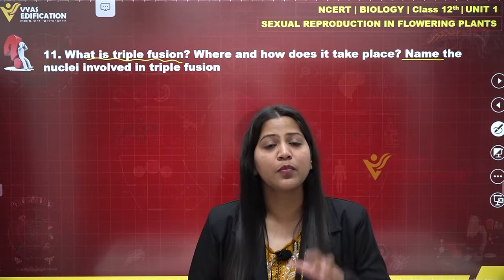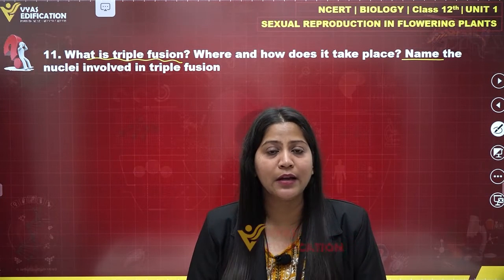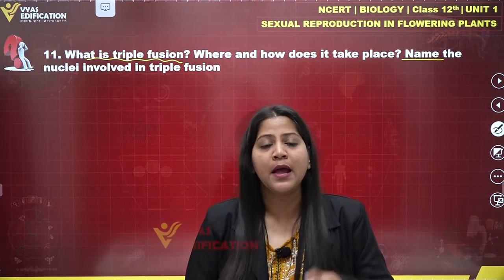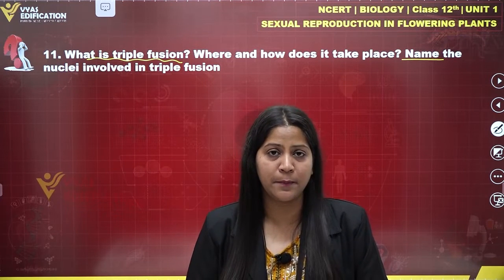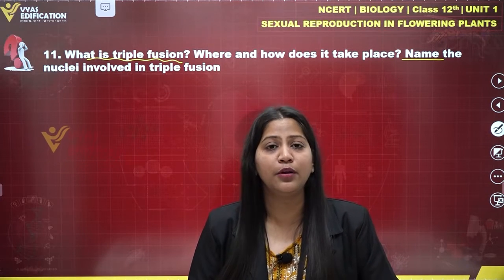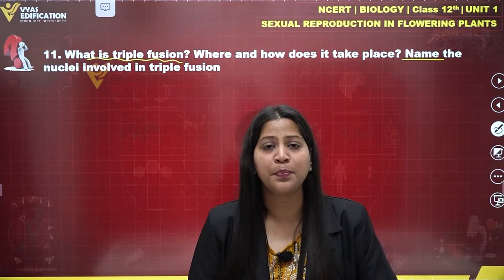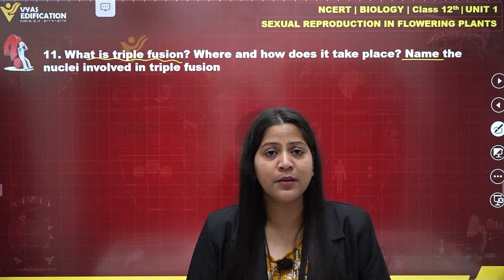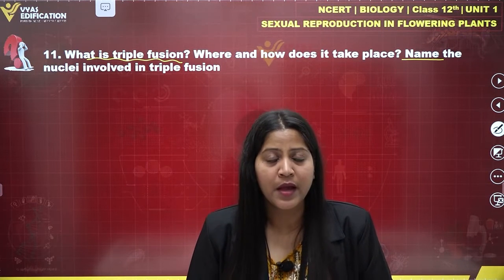So double fertilization can only be found in angiospermic plants. Now this double fertilization involves 2 fusions, that is why the name given to it is double fertilization. What kind of 2 fertilization? One is syngamy and the second one is triple fusion.